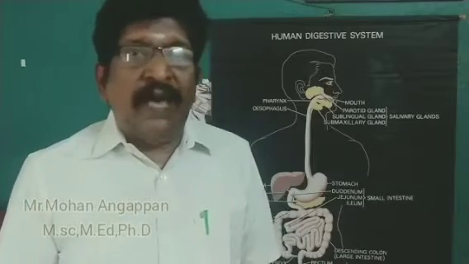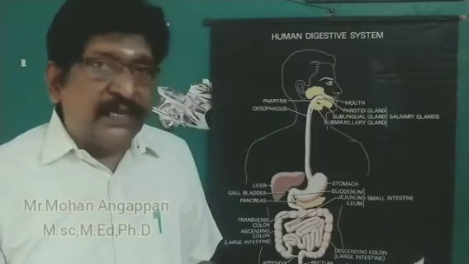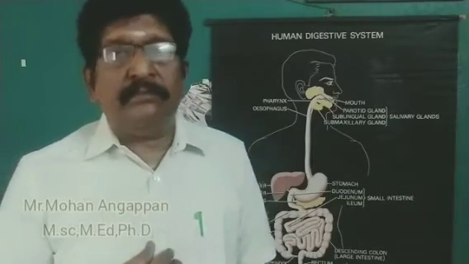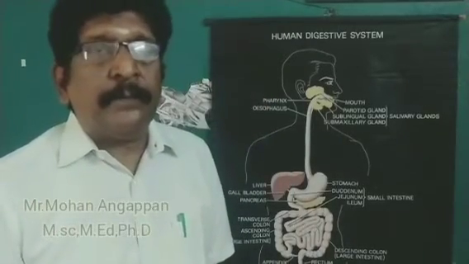Number one, the vallate papillae, V-A-L-L-A-T-E, is at the base of the tongue.